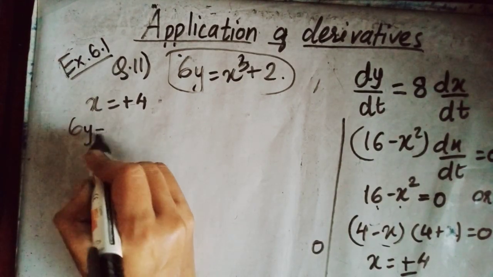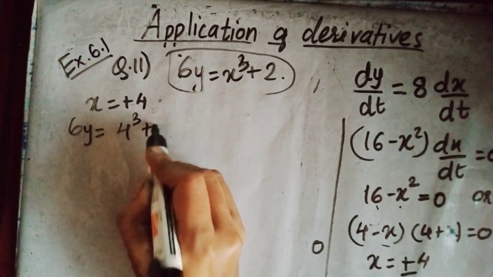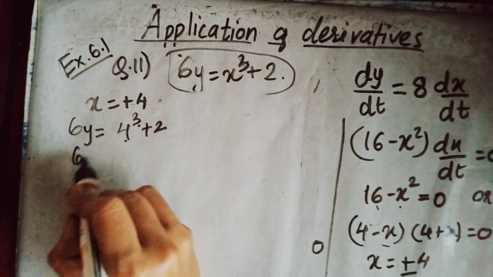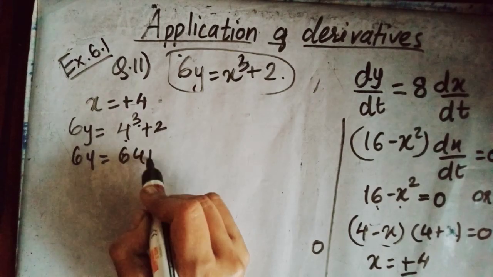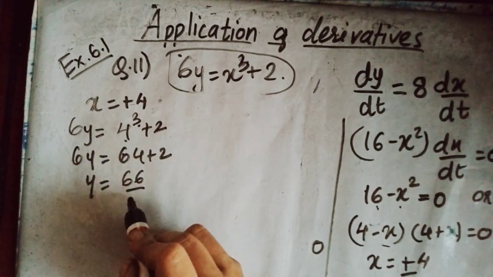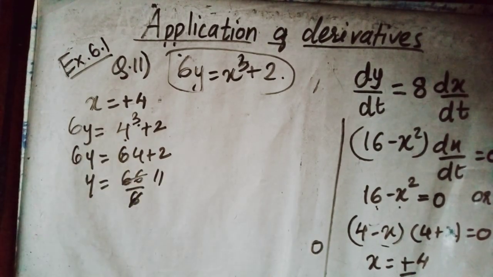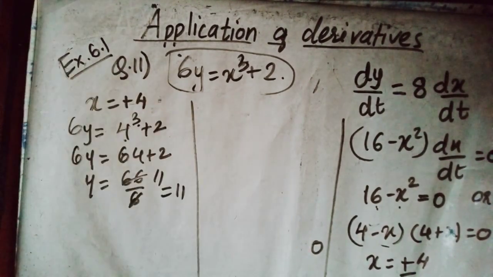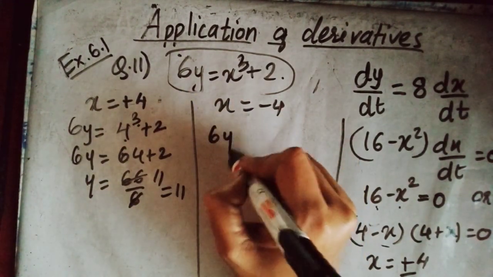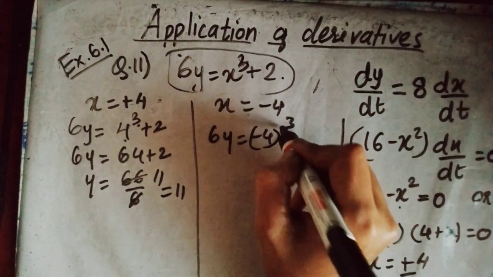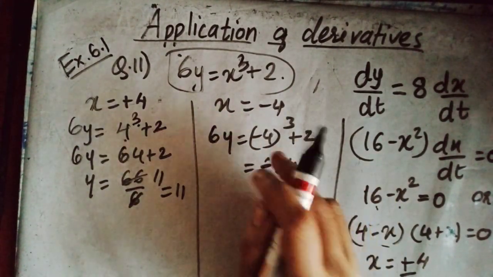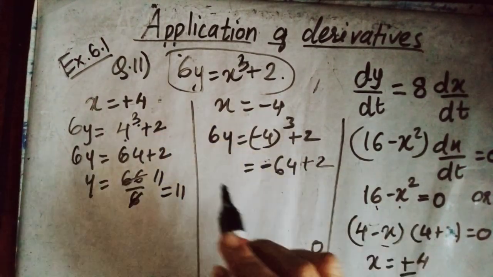So 6y equal to 4 cube plus 2, this will be 64, so 6y equal to 64 plus 2, so this is 66 by 6, so it comes to 11. Then we have x equal to minus 4, 6y equal to minus 4 cube plus 2, so it comes with a negative sign, minus 64 plus 2.